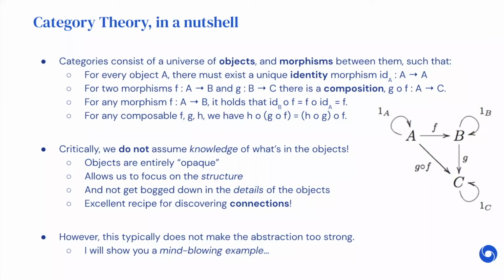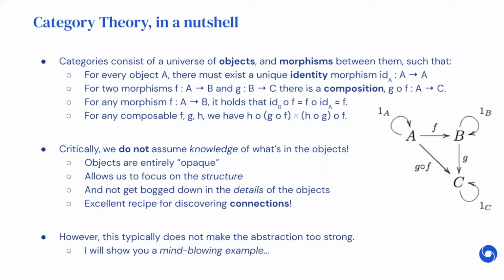For any pair of morphisms, if one takes A to B and the other B to C, you must be able to create a composition, and that composition must be uniquely defined, and that takes A to C. And also you need to have associativity. For any three compatible morphisms, it doesn't matter if you first compose the first and the second one, or the second and the third one, you'll get the same result in the end.